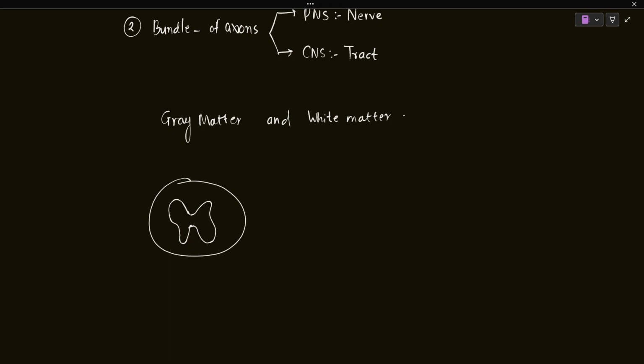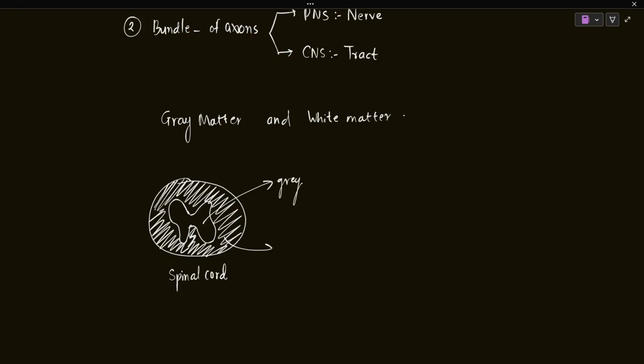So this is the cross section of the spinal cord. This is the freshly dissected spinal cord, and here you will see a whitish part in the periphery and a grayish part. This is the gray part, this is the white part.